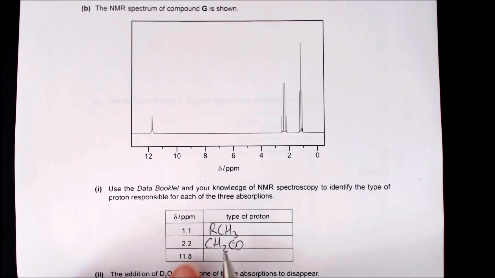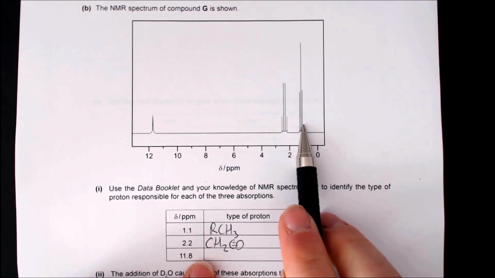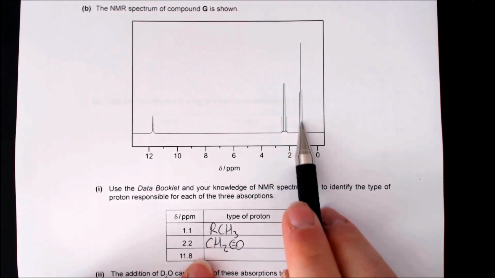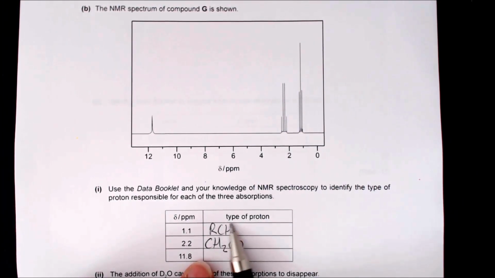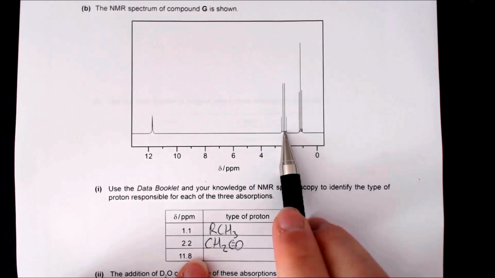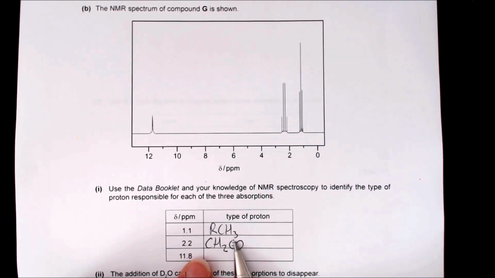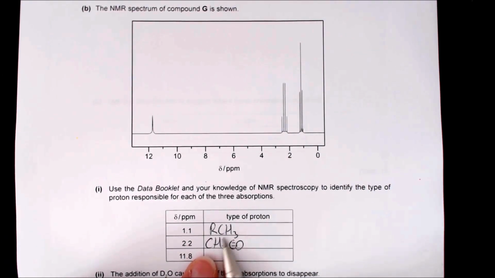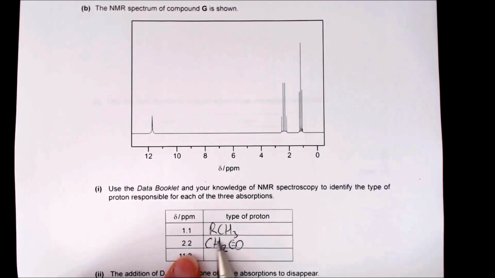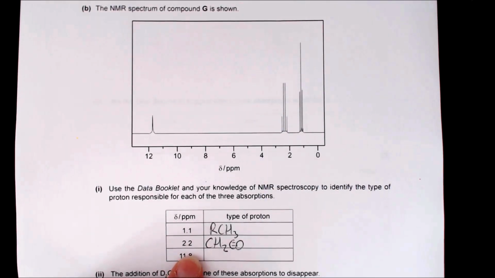Looking at the splitting patterns here, you can see we've got a splitting pattern of 3 and a splitting pattern of 4, which suggests that we do have a CH3 and a CH2. Remember, this CH2CO is probably going to be next to a CH3 because it's split into 4. So these are quite likely to be the actual answers here. That's why I've gone for the CH2 C double bond O, because it seems to fit the splitting patterns that we've got.